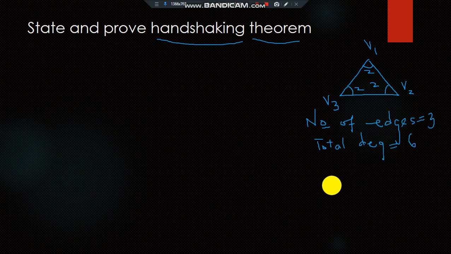Okay, so the total degree, that we write as the summation of the degree of all the vertices Vi, where i is 1 to k, supposing k vertices are there. That is the total degree, which is equal to 6.